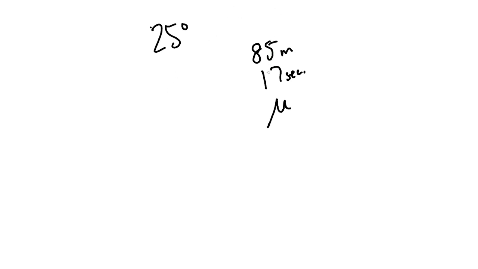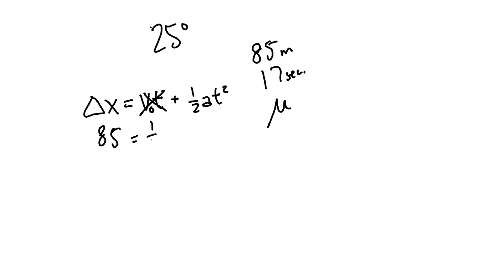Let's first deal with our acceleration. If we take into account one of our old and friendly kinematic equations, we know that our displacement is going to be equal to our initial velocity times time plus 1 over 2 times our acceleration times our time squared. Since we start from rest, the first term is not needed, and so we know that our displacement, which is 85 meters, is going to be equal to 1 over 2 times our acceleration times our time, which is 17, squared.